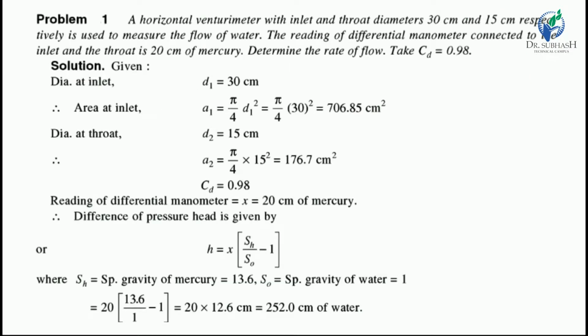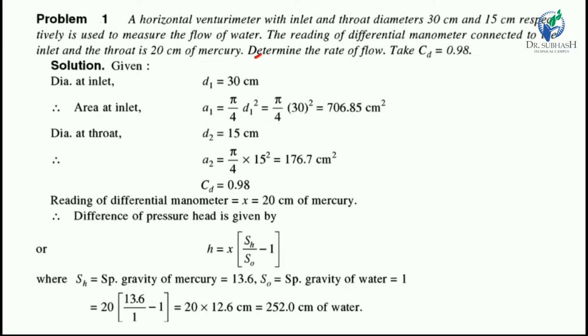Now we will solve one example for the Venturimeter, so you can get the idea of how the Venturimeter is used to find discharge. Let's take an example. A horizontal Venturimeter with inlet diameter 30 centimeter and throat diameter 5 centimeter respectively is used to measure the flow of water.